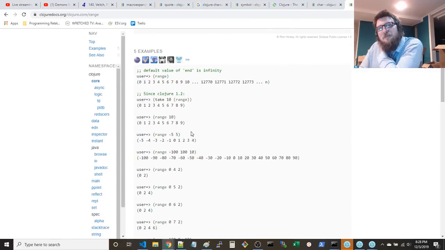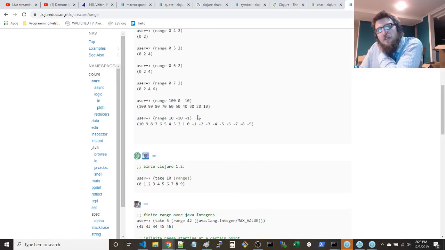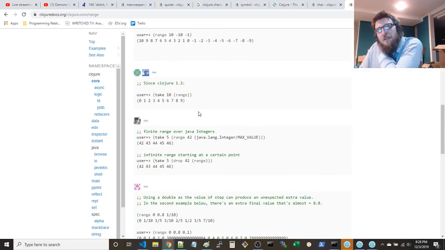Can we specify infinity as the endpoint? We can do that.